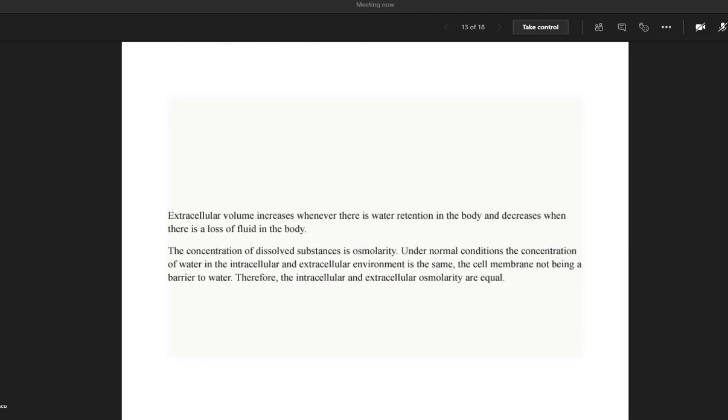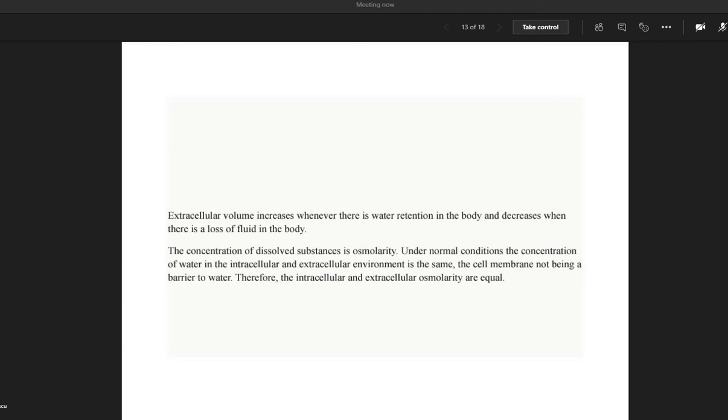Don't forget that the extracellular volume is the first one which increases every time we have an ingestion of fluids. So when the fluid enters and is kept inside the body, the first volume that increases is the extracellular. And it is also the first one which decreases when we lose some fluids.